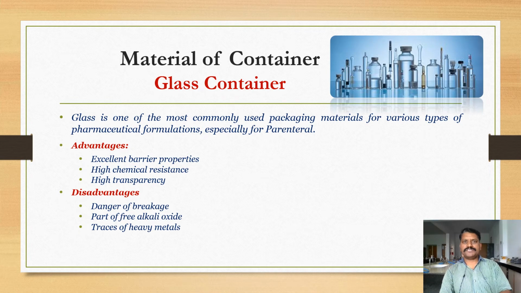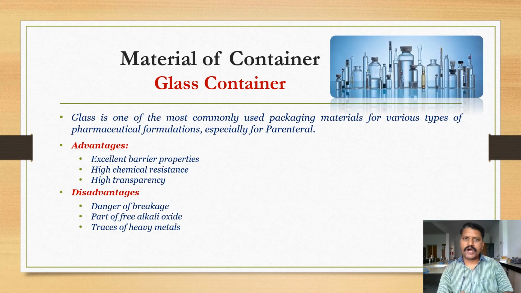Now the first type of container is the glass container. Glass is one of the most commonly used packaging materials for various types of pharmaceutical formulations, not only in parenteral packaging but for oral liquids and other dosage forms.